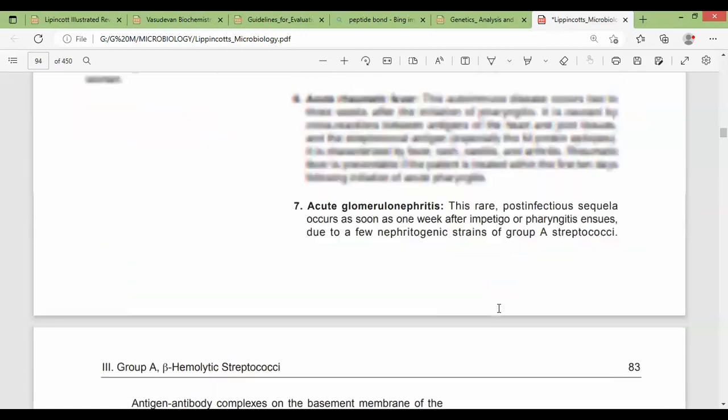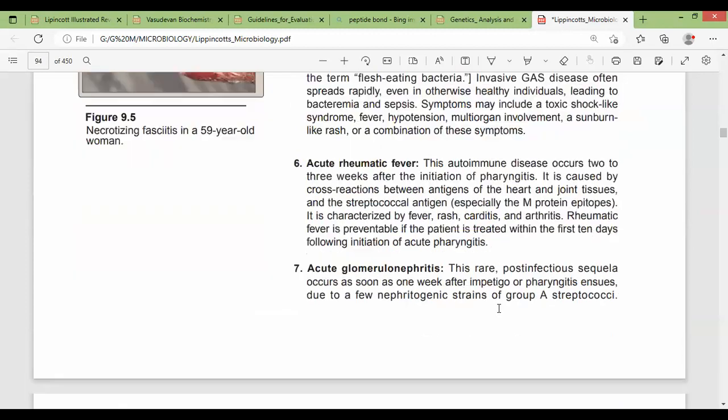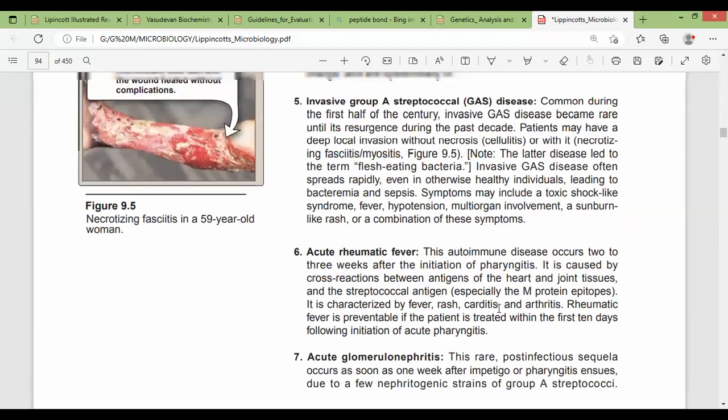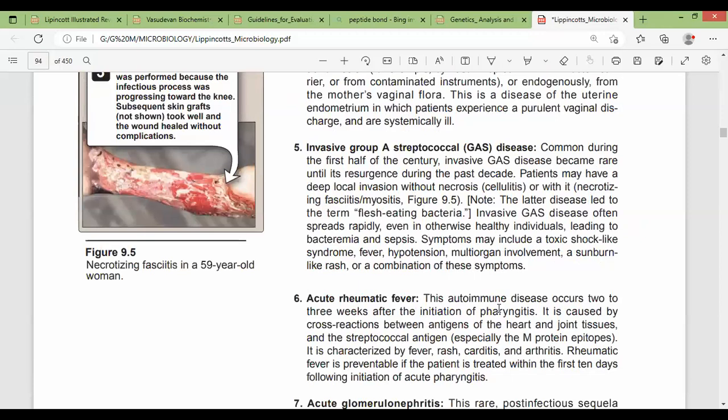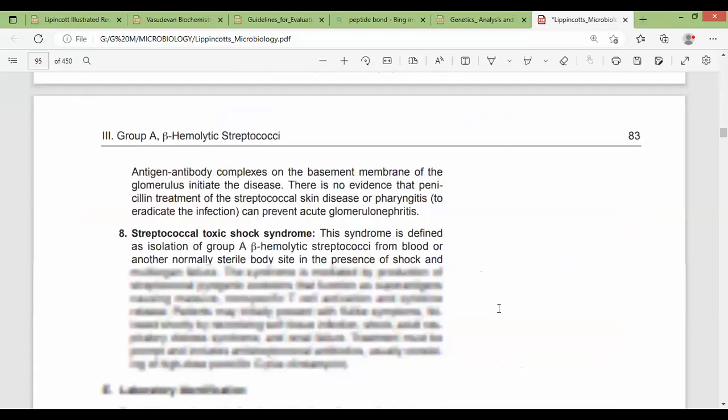Know what this disease causes. Remember, group A streptococci cause rheumatic fever, rheumatic heart disease, pharyngitis, necrotizing fasciitis or flesh-eating bacteria, if you want to call it that, and acute glomerulonephritis.